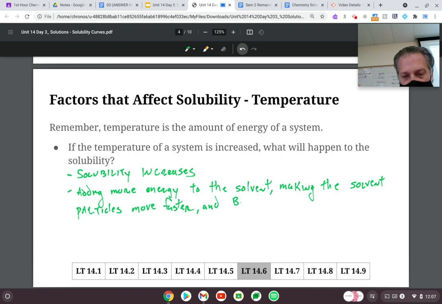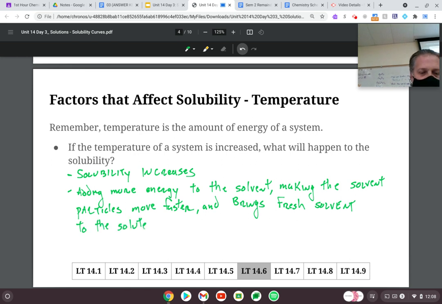brings fresh solvent to the solute. And since the intermolecular forces of attraction are polar or the same, or non-polar or the same, then we can overcome the intermolecular forces of attraction more.